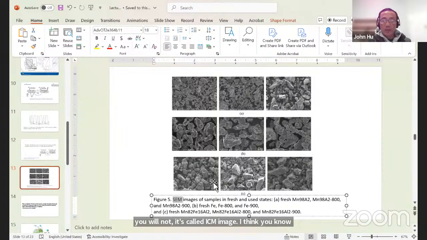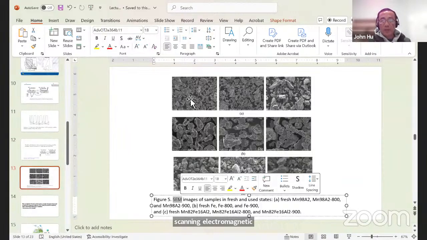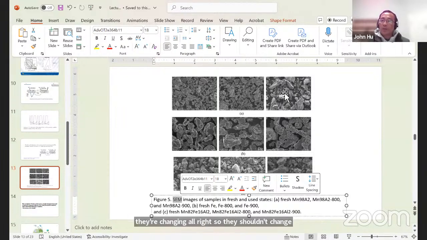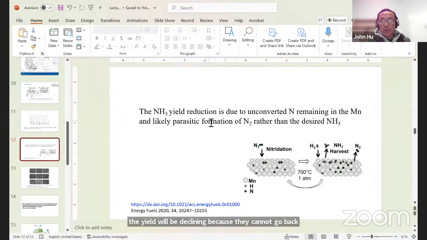Scanning electron microscopy, SEM. With SEM you can see the surface. Cycle 1, cycle 2, cycle 3, they're changing, all right? They shouldn't change, because if they change, the yield will decline since they cannot go back to the original. That's why the second paper reported the yield decreasing. Then why is the yield decreasing? They interpret it with this cartoon, from the first paper.